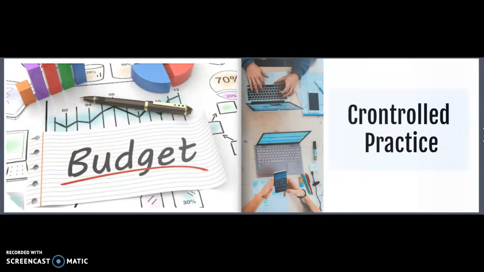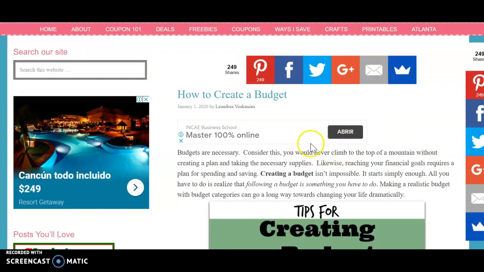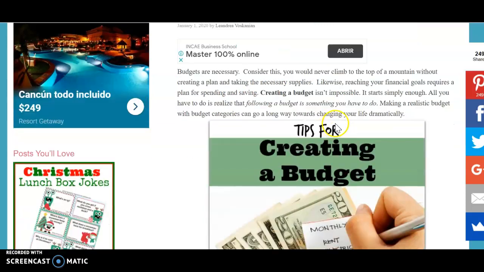Now, it's time to know about the budget. So this part is very important because we have to know how to make a budget, how to organize a budget because it's essential for the project. So first, here we have some information that tells us that the budget is necessary for the project.